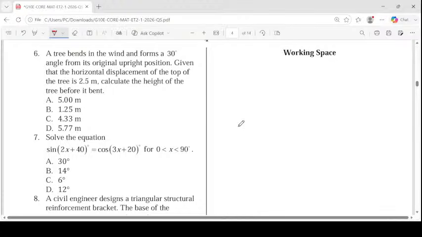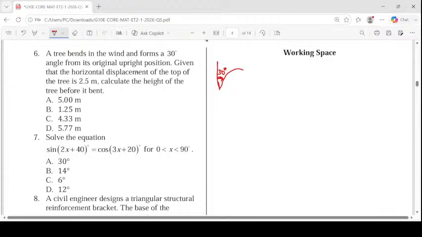So let us assume this was the height of the tree. That was our tree. Now this tree bends this way and forms a certain angle here.